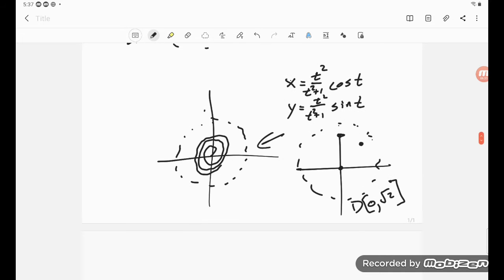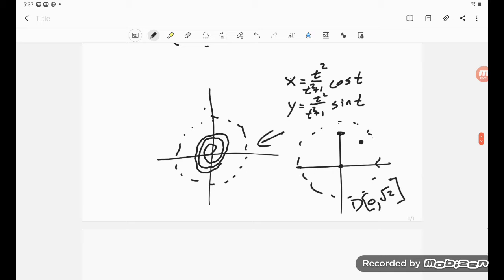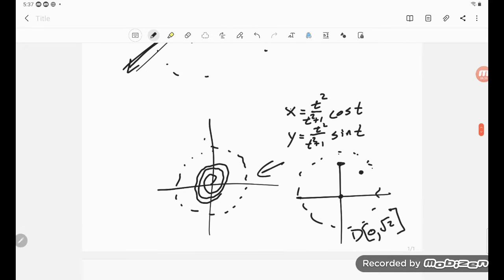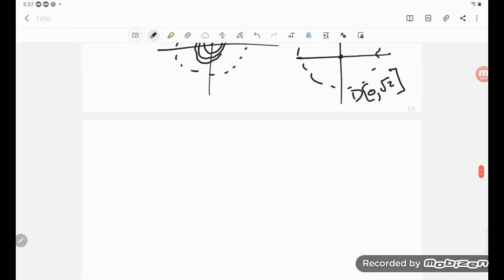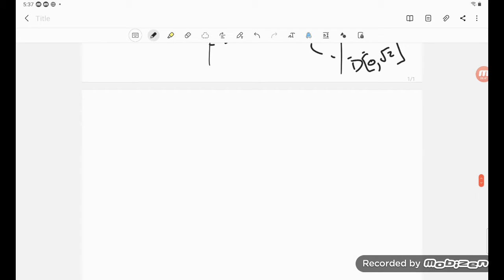Anyway, here is an infinitely long path that I can describe, but it's still a bounded set in the complex numbers. So it can be bounded that way.